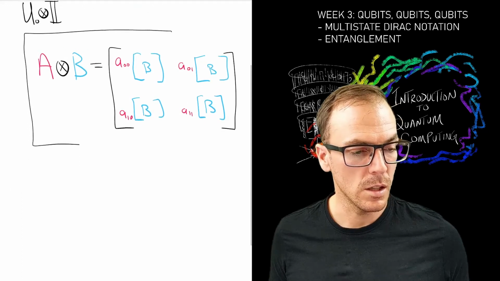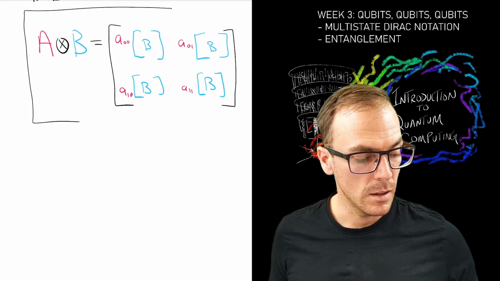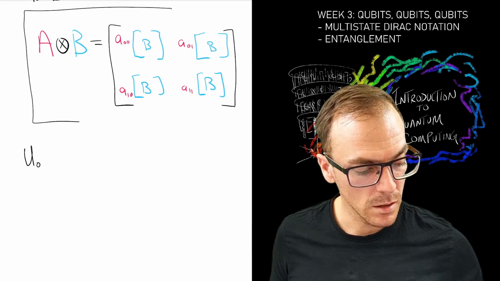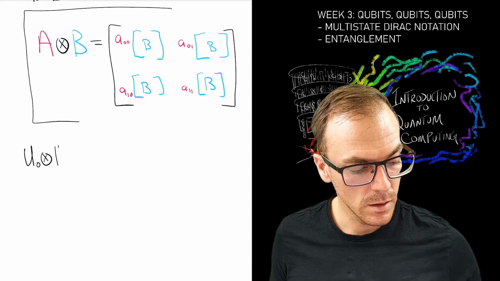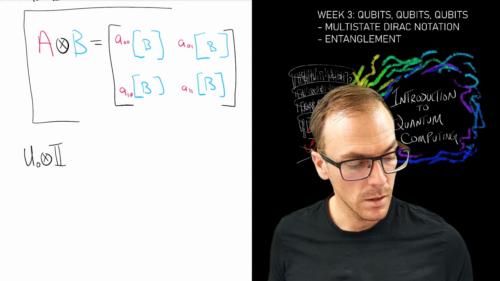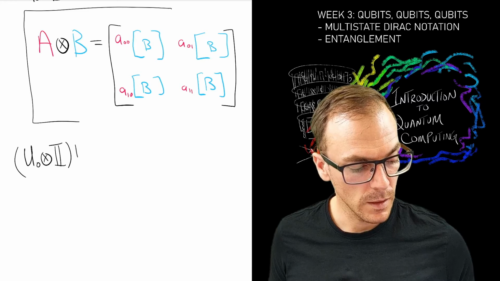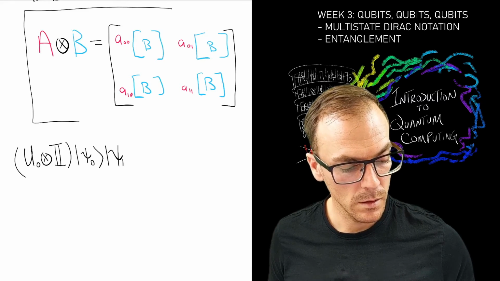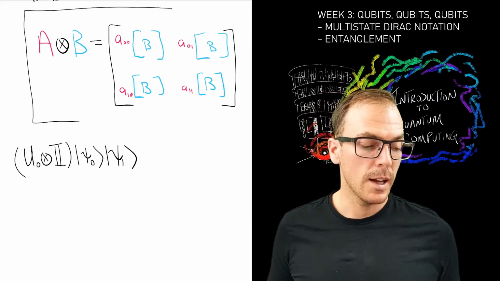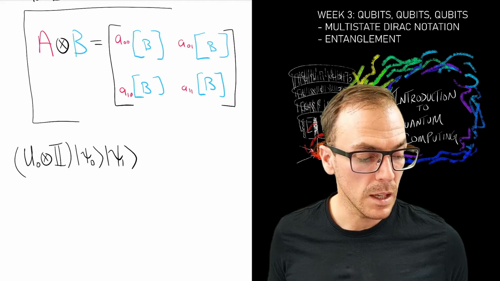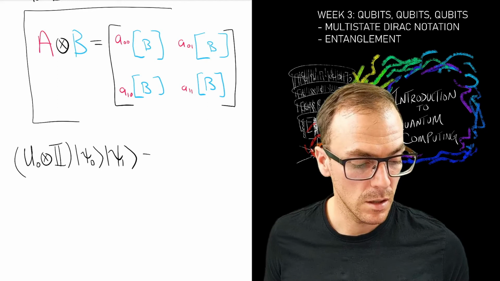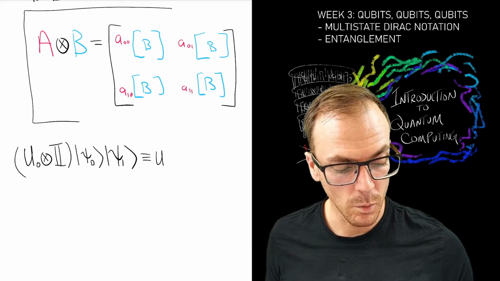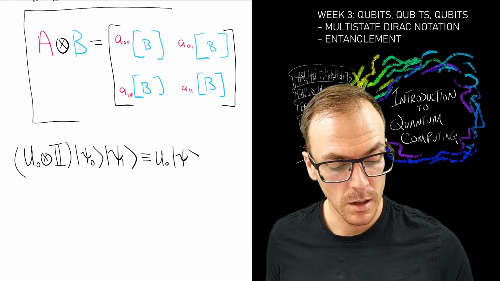So let's continue. So we had this matrix here. That is what we mean when we have just one unitary acting on side.